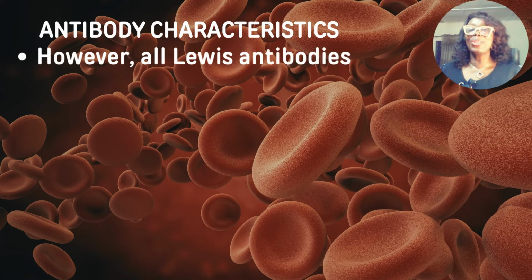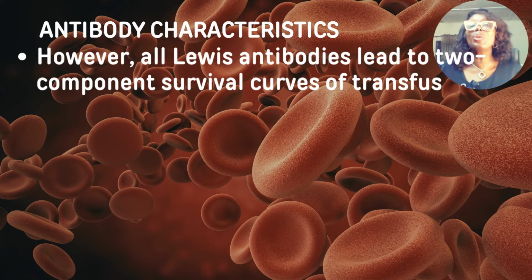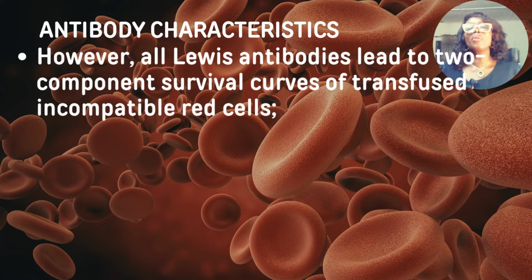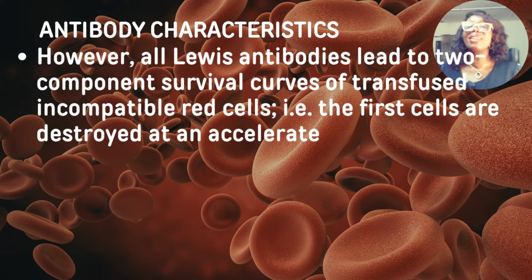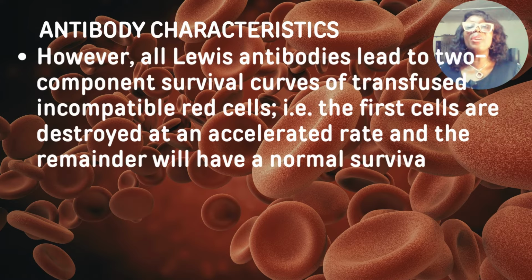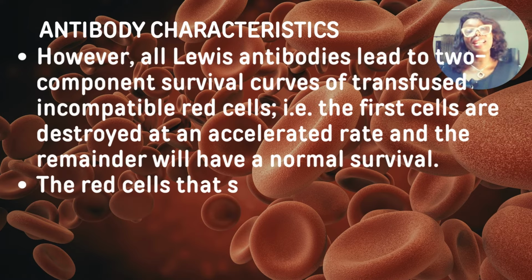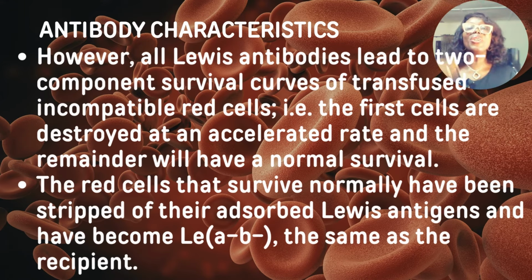However, during transfusion, all Lewis antibodies can lead to two component survival curves of transfused incompatible red cells. That is, the first cells are destroyed at an accelerated rate, and the remainder will have a normal survival. When you transfuse Lewis A positive cells into an individual who is Lewis A negative, there will be incompatibility.